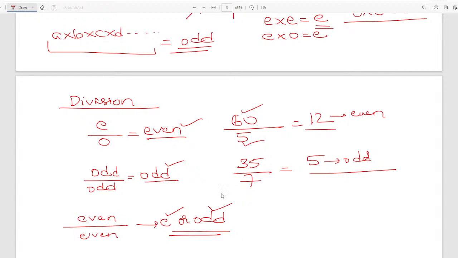Is this clear? This is the case only if the answer is an integer.